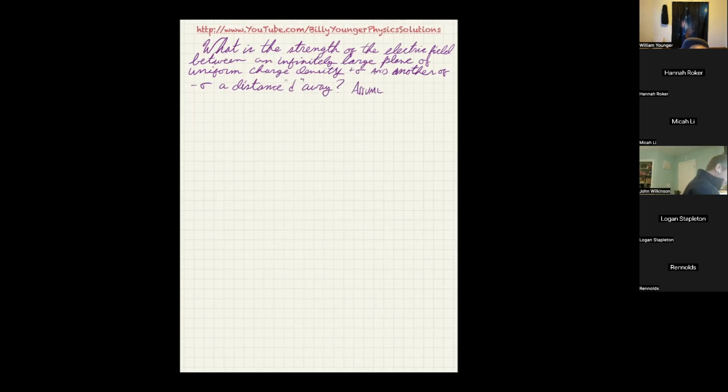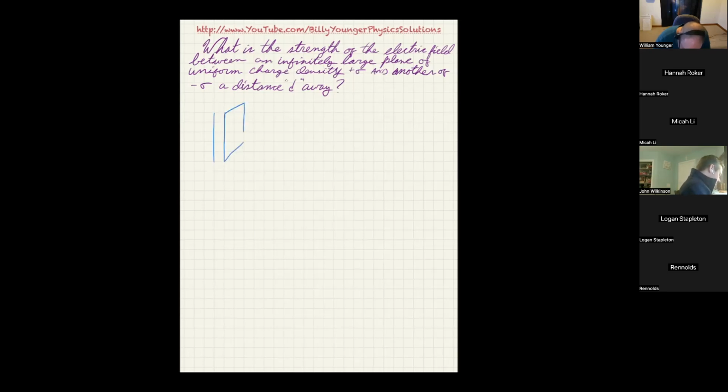So now that we have the electric field strength, I'm going to draw a parallel plate capacitor, and I want us to figure out exactly what the electric field is between the plates of that parallel plate capacitor. So I'm going to put two plates next to each other like this. Here's one of the plates.